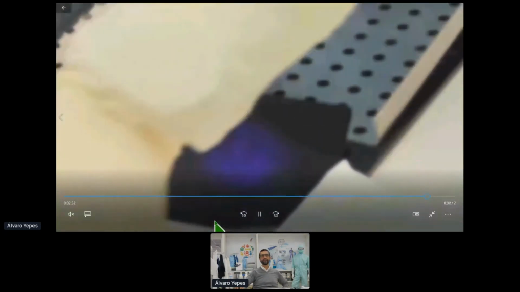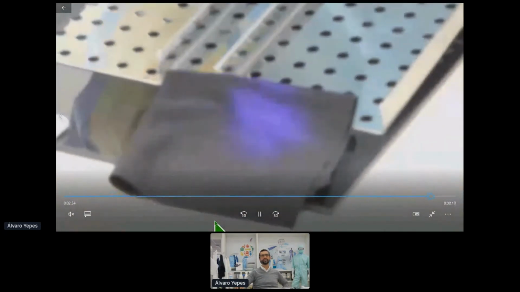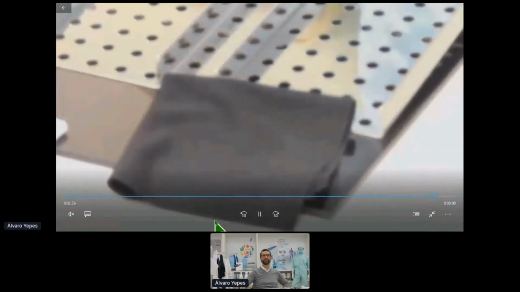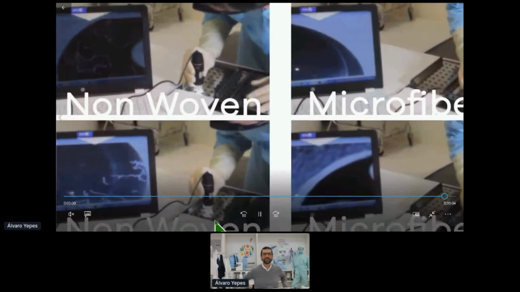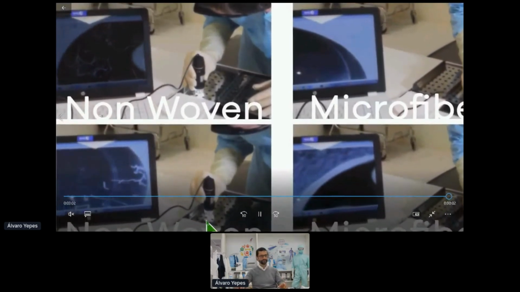This is the microfiber area, and you can see that there are obviously, as we saw before with the USB microscope, much fewer particles on this side.